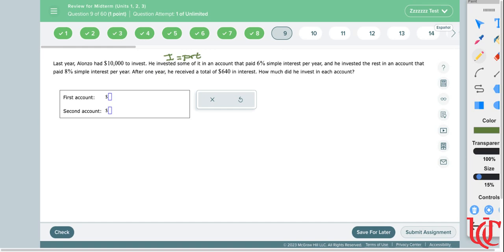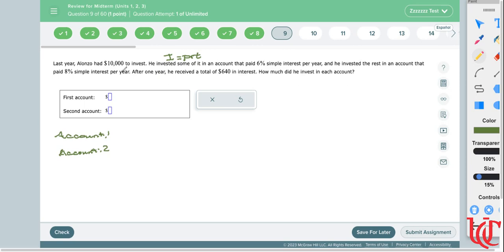All right, so the last sentence tells us what we're looking for. So we need account 1 and account 2. All right. And then we can label what we have with those.